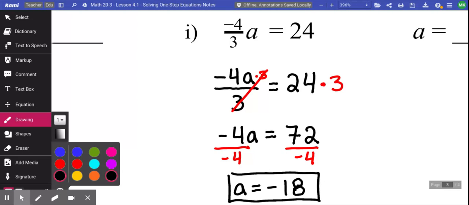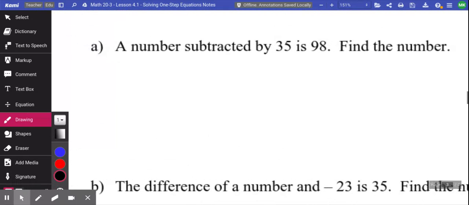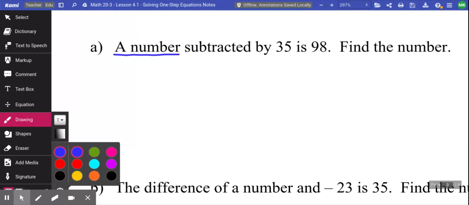Again, we're doing opposite operations, but now it's multiplication and division opposites. So when you get these types of questions, your goal is to turn that into a mathematical equation. The way you do it is by building it as you read it. So for instance, when they say a number, that means n.